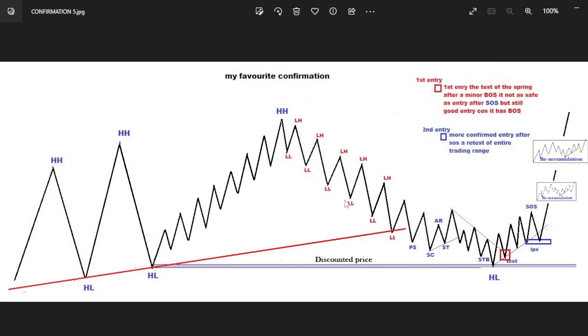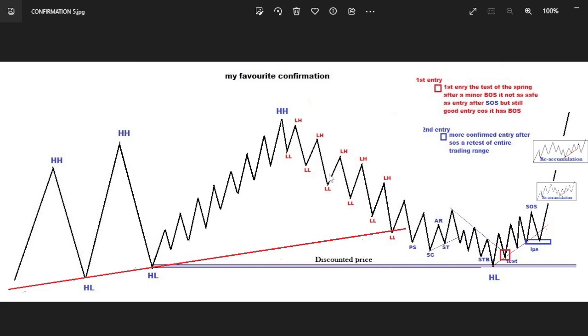Let's say it retraced from this point and you try to sell it around this point and it continues making new highs. Because if the price is bullish, it doesn't mean that it has to retrace to discounted price or premium.